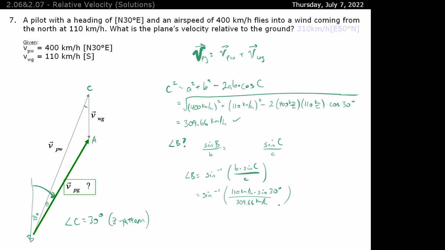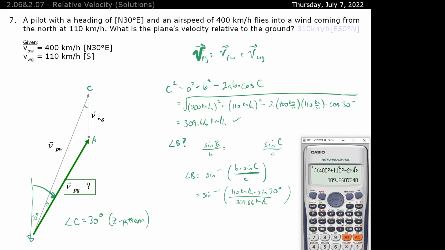And just for a bit of logic, you'll see that these two units have to divide each other out, because as I said, with regards to sine, cosine, or tangent, it doesn't care about units. It only cares about ratios. So the units have to divide each other out. If you mix these units up with kilometers per hour on top and meters per second down below, you're not going to get the right answer. So make sure they're the same unit. Doesn't matter which one it is, as long as they're the same. Everything else will work out in your favor.